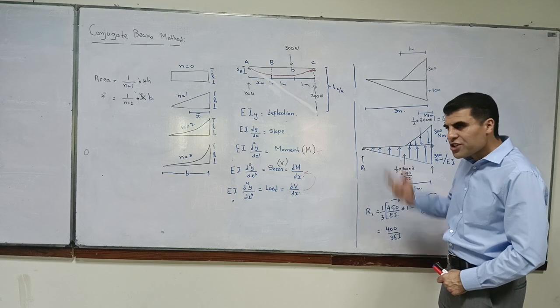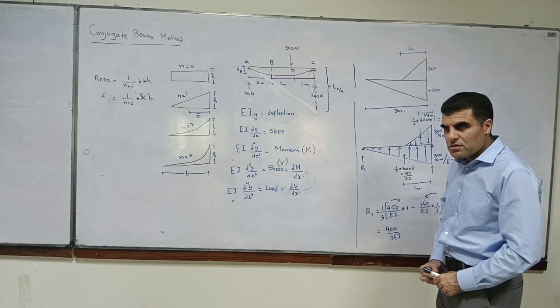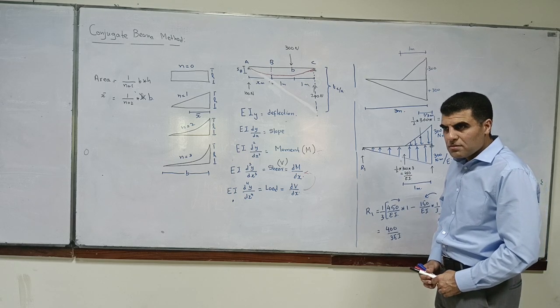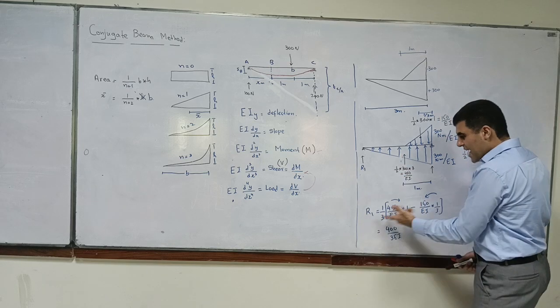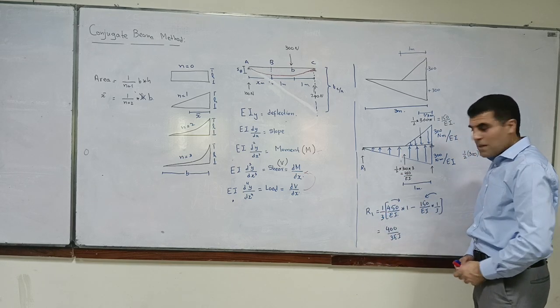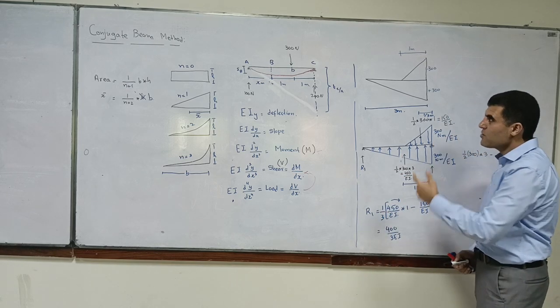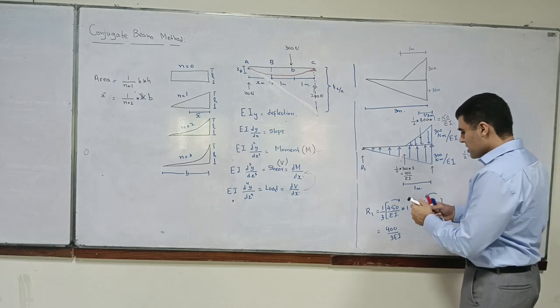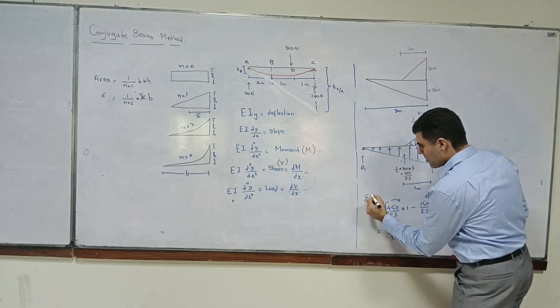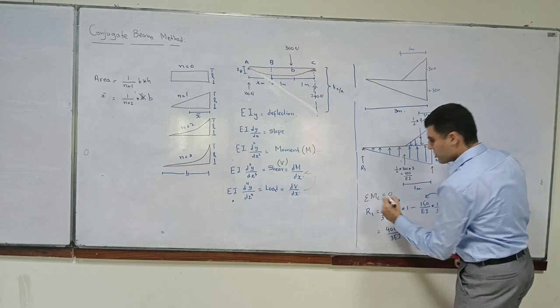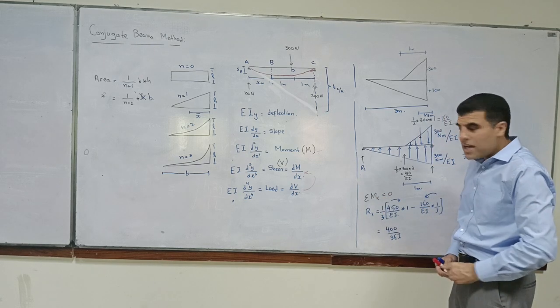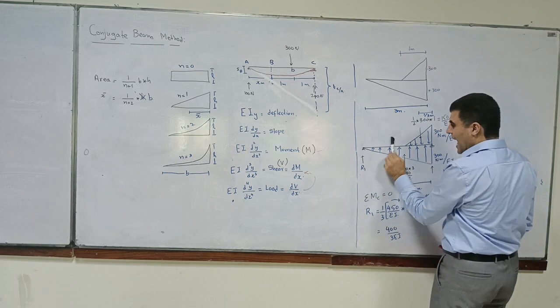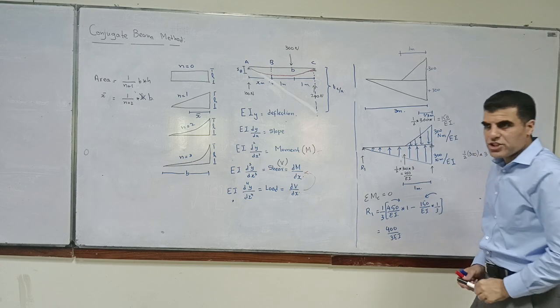How are you going to find your reaction? I have just found my reaction. Summation of moment at C is equal to 0. And similarly, you can find shear at any location.